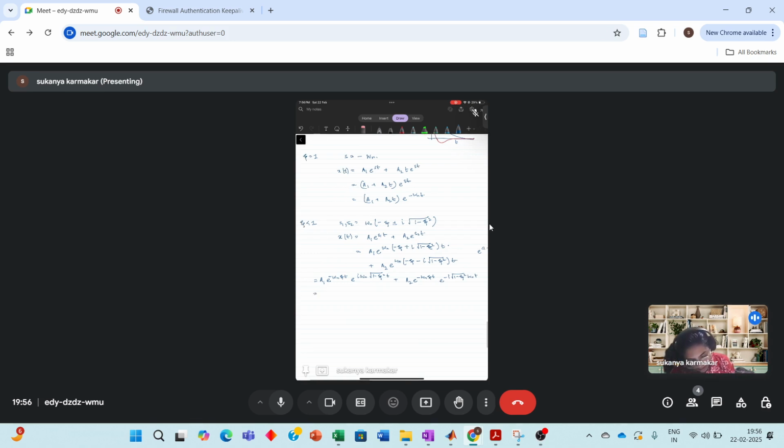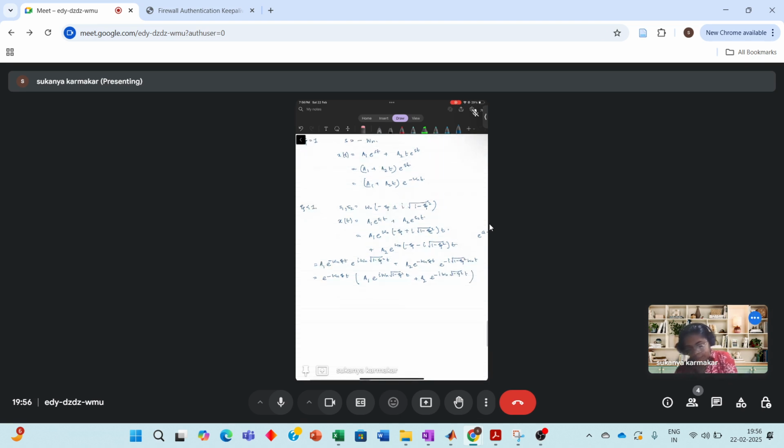Then I can take e to the power minus omega n zeta t as common. I am left with a1 e to the power i omega n square root of 1 minus zeta square t plus a2 e to the power minus i omega n square root of 1 minus zeta square t.